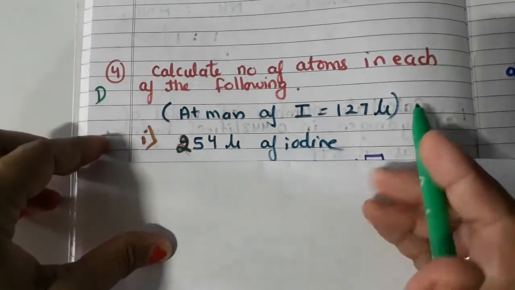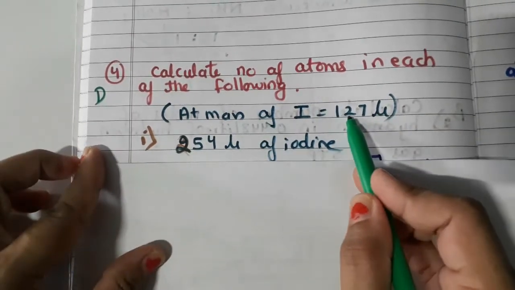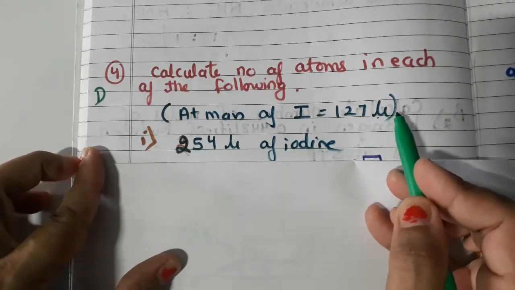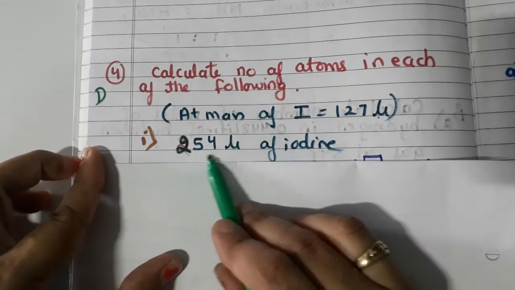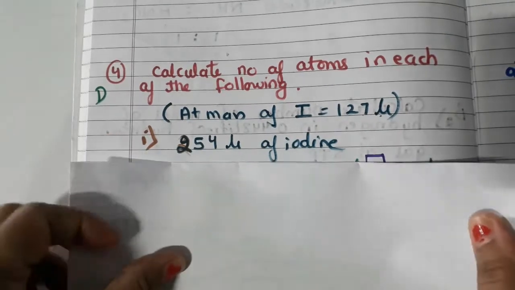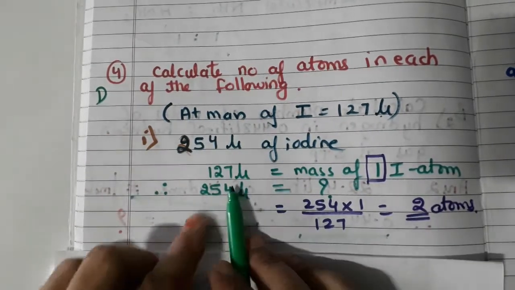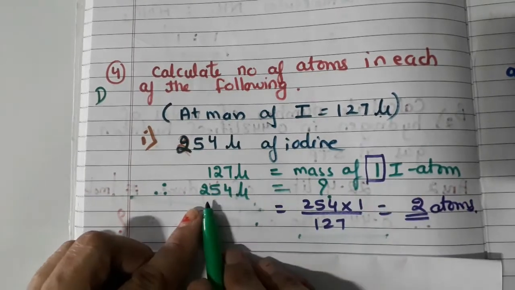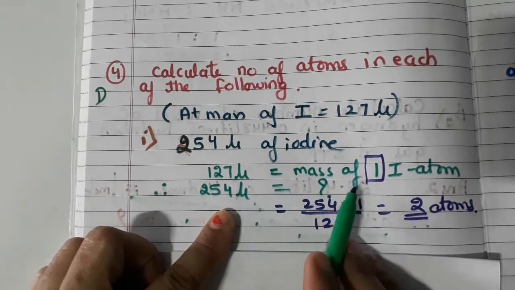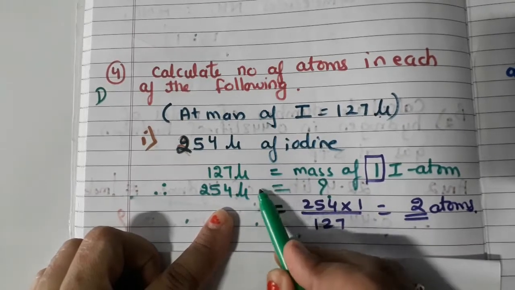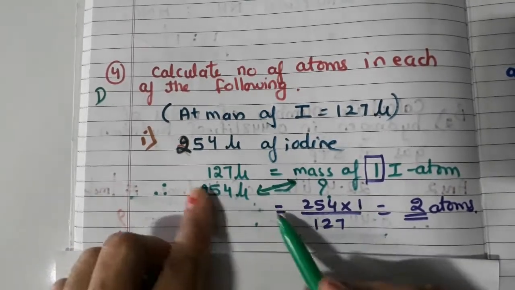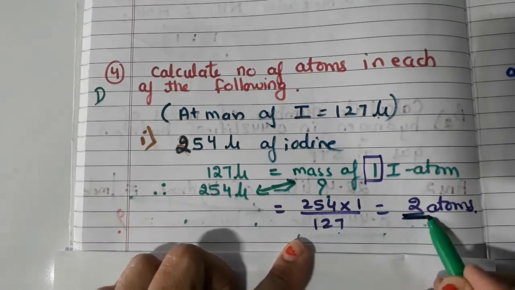So, let us see here, 127 mu is the atomic mass of 1 iodine atom. So 254 mu would be the mass of how many iodine atoms? So we are going to do 254 into 1 upon 127, that is 2 atoms.